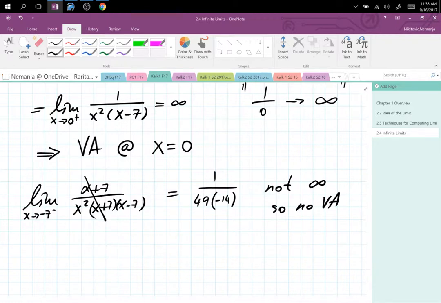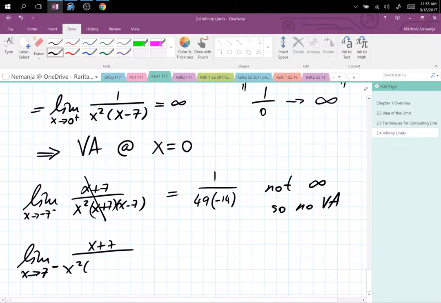And then the limit as x goes to 7 minus, let's say again from the left, of (x + 7) over x squared (x + 7)(x - 7). These guys cancel, and we again get 1 over 0, which shoots to infinity.